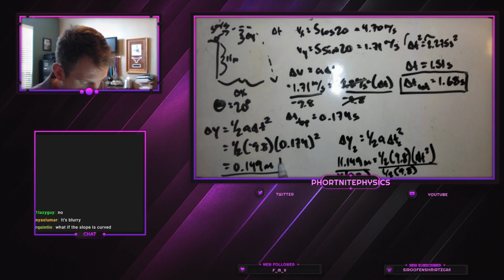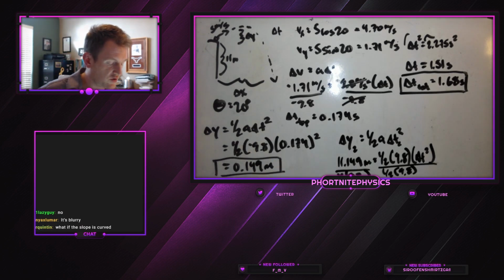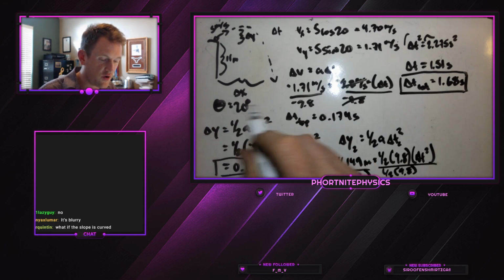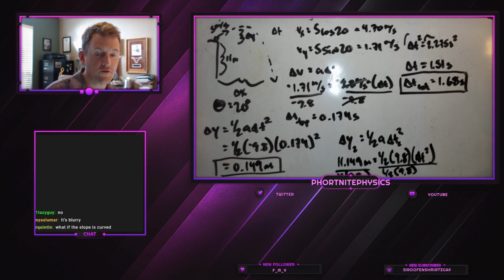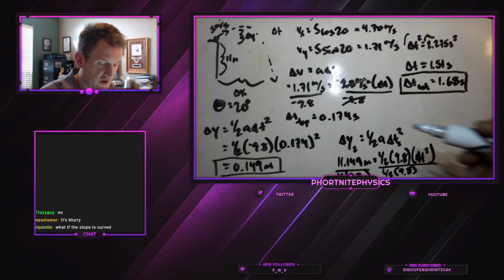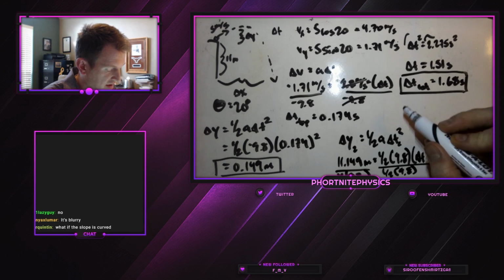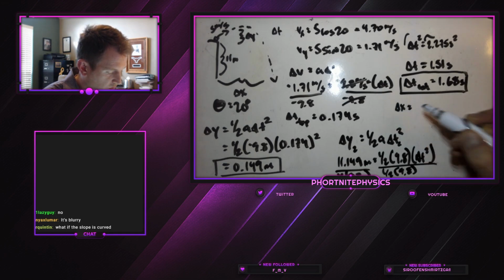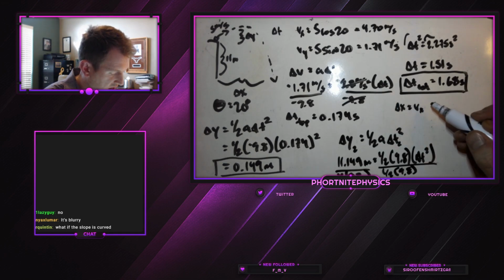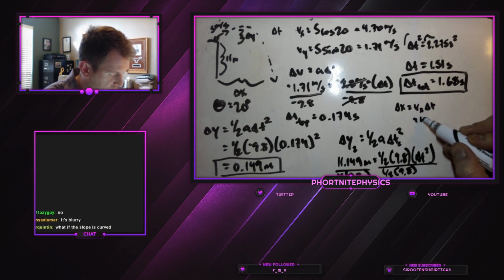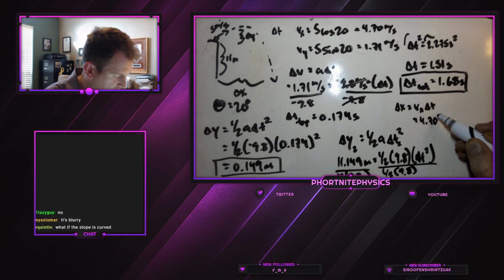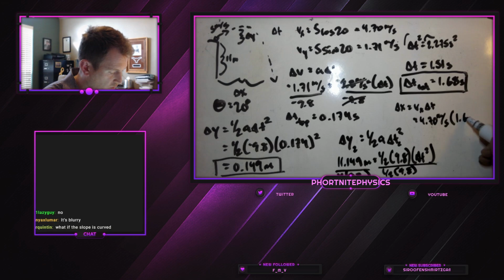That's how high up it goes from its original starting position. And now we want to know how far it goes outwards from the ledge. We already figured out that our Vx is 4.7 meters per second, and our delta x equation is Vx multiplied by our change in time, which is 4.70 meters per second multiplied by our total time of 1.68 seconds.